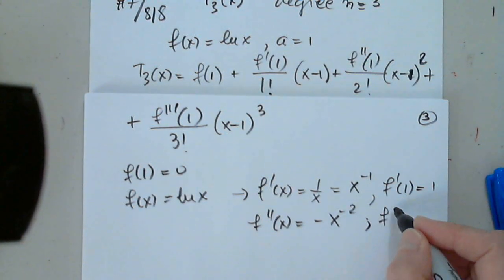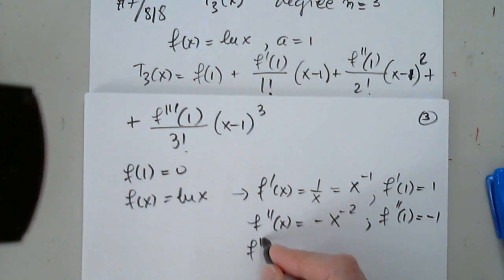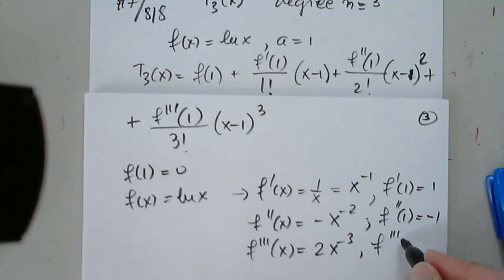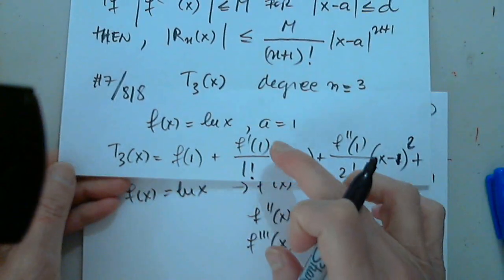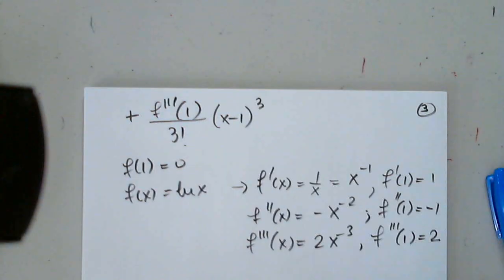And the second derivative evaluated at 1 will be negative 1. The third derivative of the function will be 2x to negative 3. And the third derivative at 1 will be 2. That's all we need for degree 3: f of 1, f prime of 1, f double prime of 1, and the third derivative at 1.